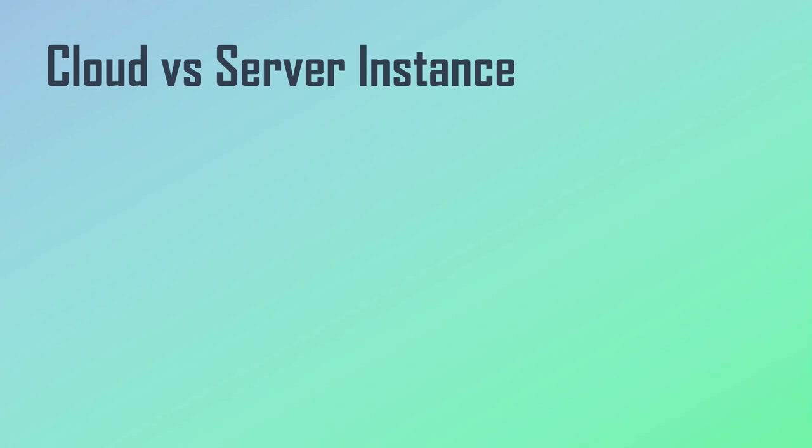So here I will discuss the cloud instance first. So what is cloud instance? In the cloud instance, rather than installing and maintaining your product on your own server, Atlassian hosts and sets up your JIRA application on cloud for you.